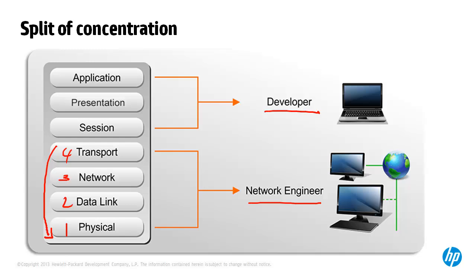But in brief, network engineers concentrate on the lower layers, server admins concentrate on the upper layers, even though those lines are blurring today. So I'm going to start off with a brief overview of layer 7, layer 6, and layer 5. And then we'll look at the transport, network, data link, and physical layers in more detail.